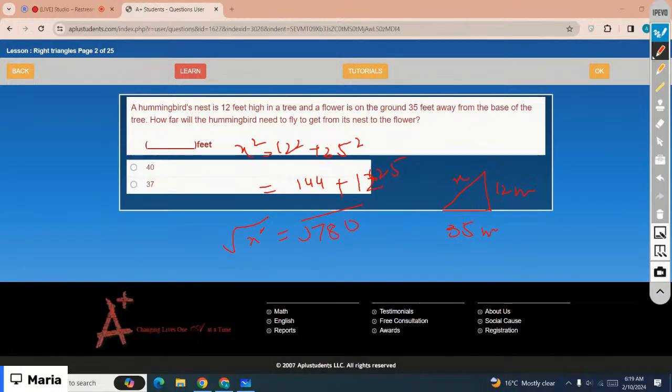And 1225 plus 144 is 1369, and the square root of 1369 equals 37. That means the missing side length is 37. So the correct option is x equals 37.